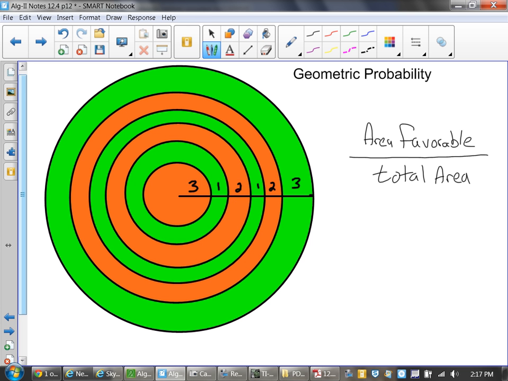So in this example, if I just wanted to figure out the probability of getting the bullseye, what's the area of the bullseye? 9 pi. What's the area of the whole thing?